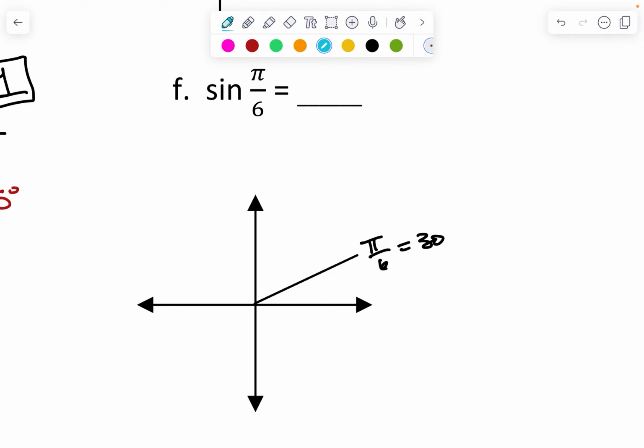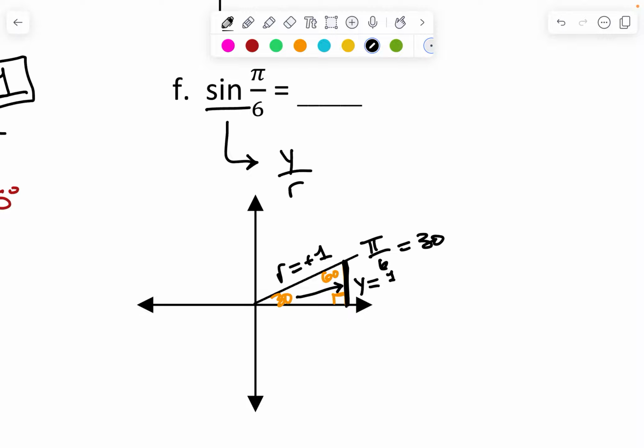We've got pi over 6 here. I'm going to draw a line straight down. I'm going to create this triangle that is a 30, 60, 90. And I'm looking specifically for sine. Sine is y over r. Well, I know r is positive 1. And in this case, y is my vertical side, and it's across from the 30.